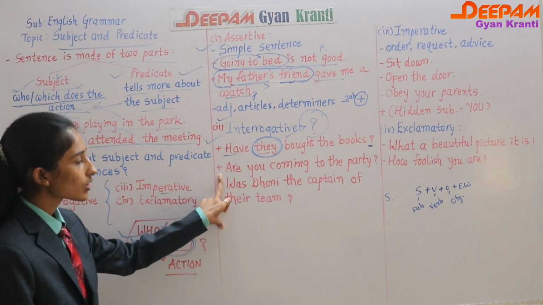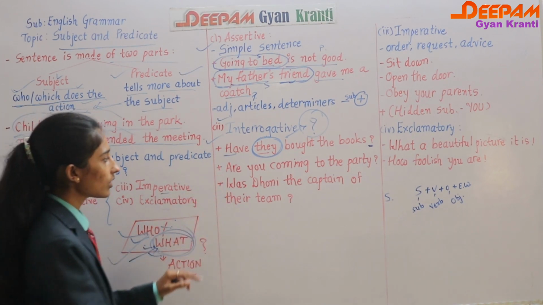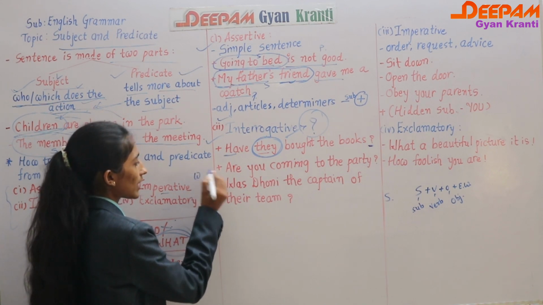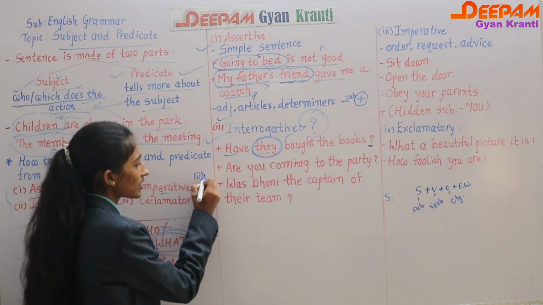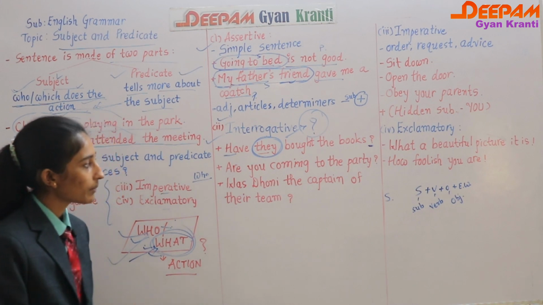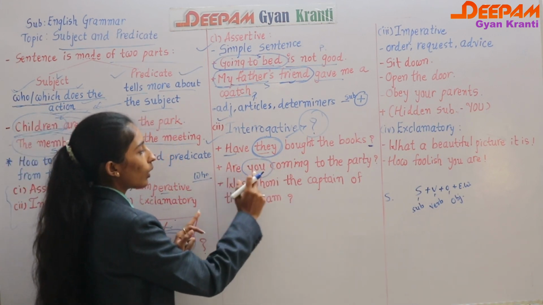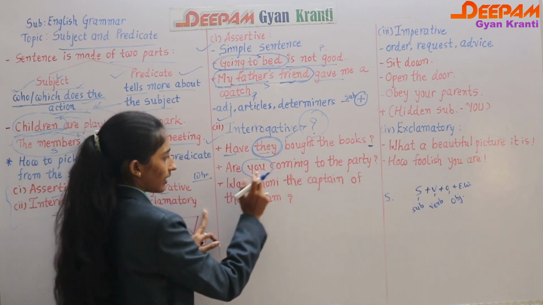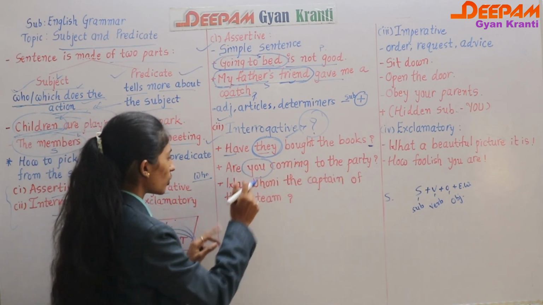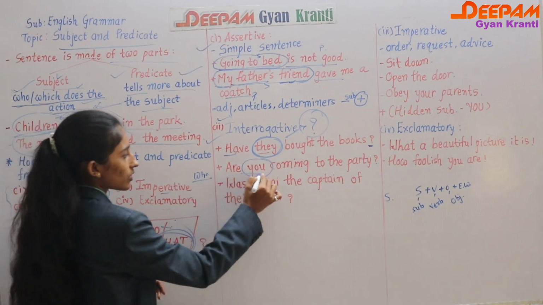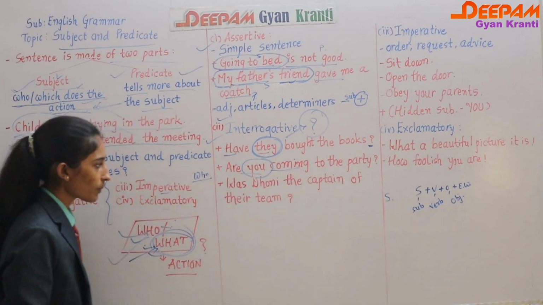Are you coming to the party? Again I ask the question. What is coming to the party? That is not suitable. So who is coming to the party? You get the answer, you. So you is your subject and are coming to the party is your predicate.